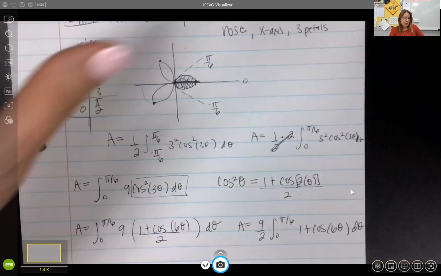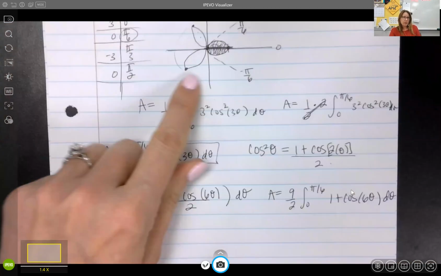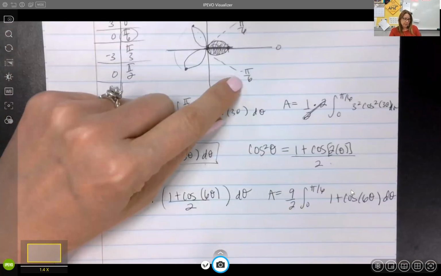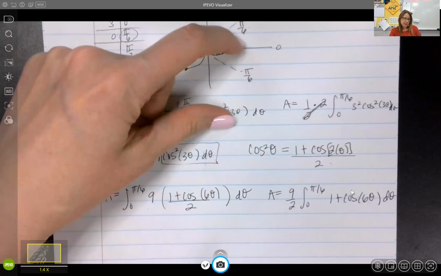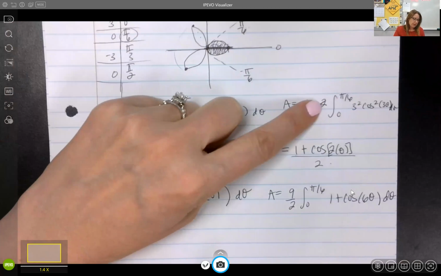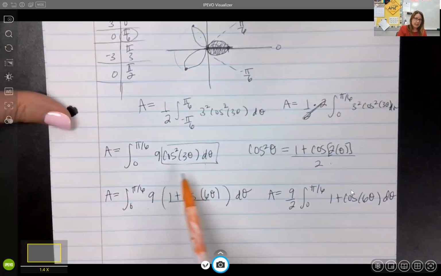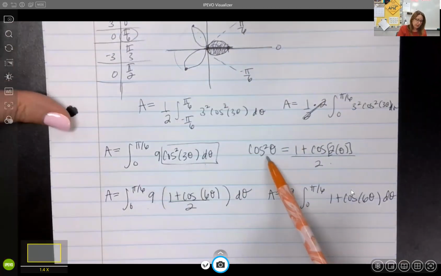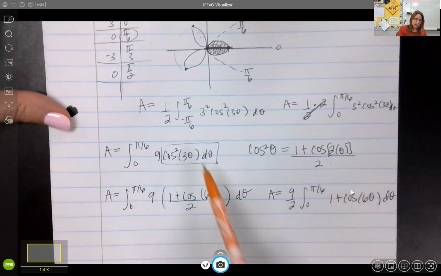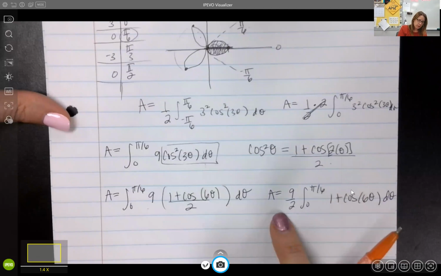Okay, so we started off with figuring out the boundaries, the limits of integration. I know this is symmetric, so I doubled it, which got rid of that 1/2. And then I went through and I used this identity, the cosine squared, and I replaced my cosine squared in my function, and this is our simplified form.